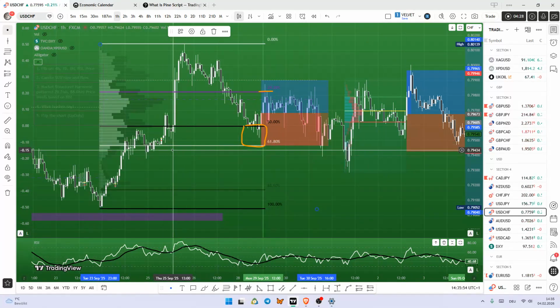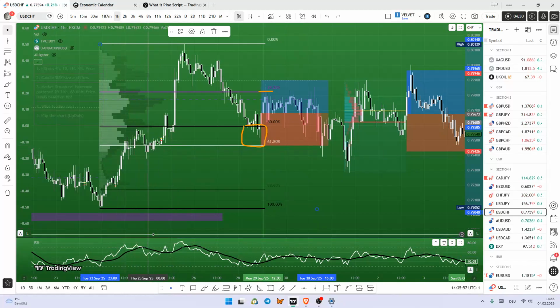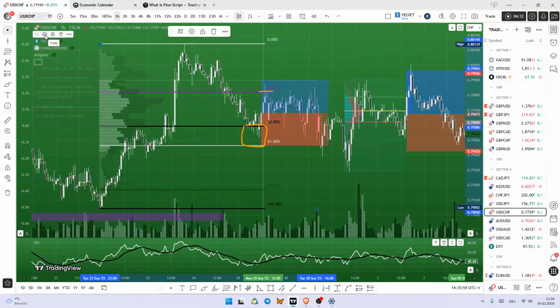But I think it's actually better than the normal volume. It's more intuitive in a way.